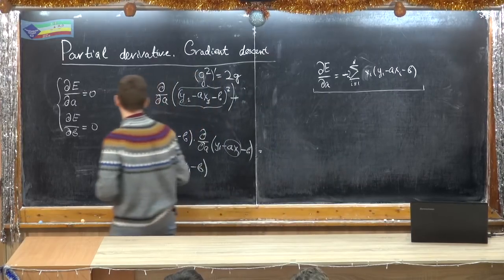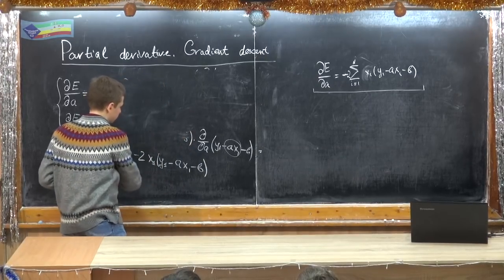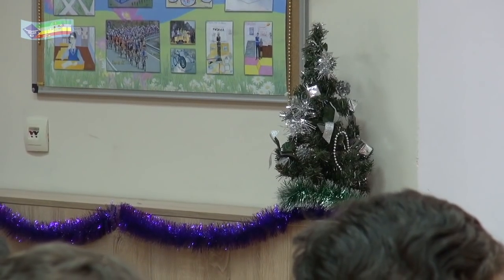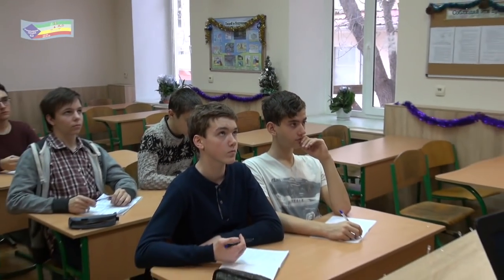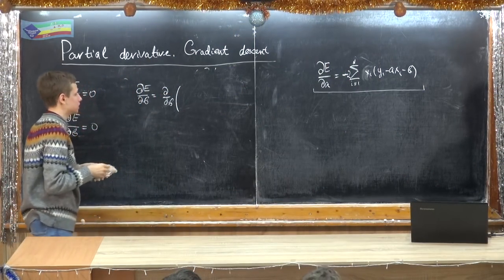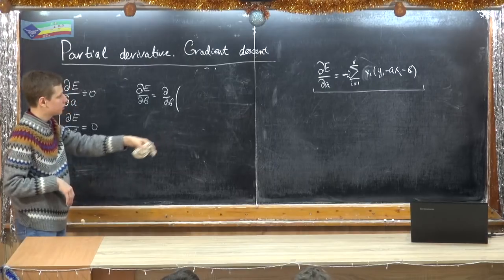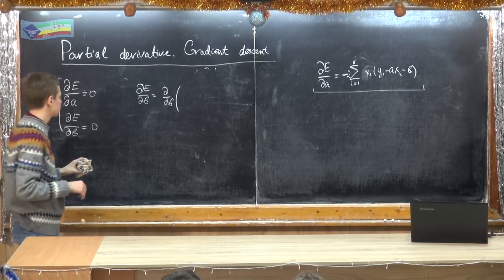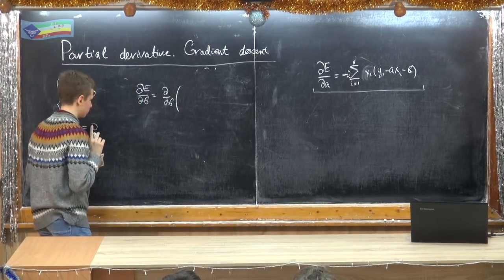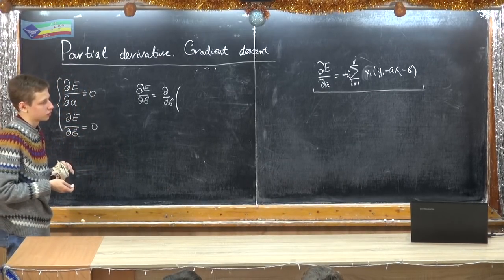And now we can do the same for the b parameter, and it will be even easier. Again, we are going to rewrite our square sum as a sum of these small squares, and I'm just going to write one part of the sum, and then the rest will be done by analogy.